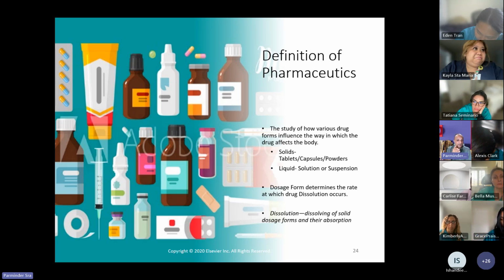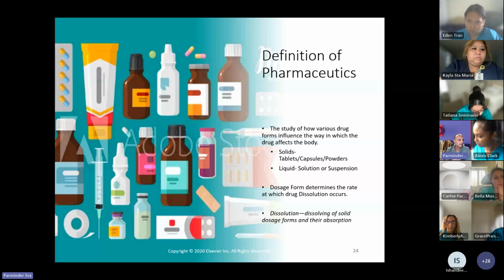But if it's a formulation which says enteric coated, sustained release, or delayed release, it has a specific purpose: to either get delivered at a certain place or to release the drug slowly rather than the whole drug becoming available at once.